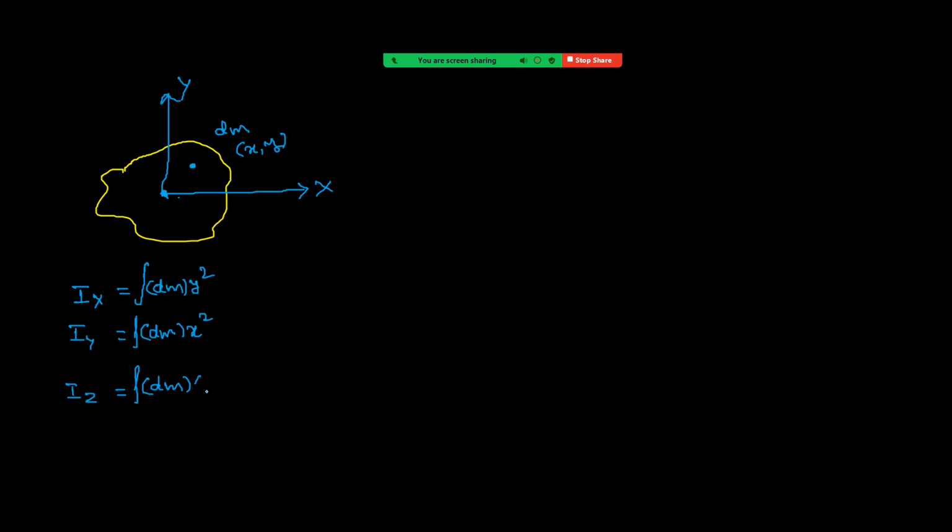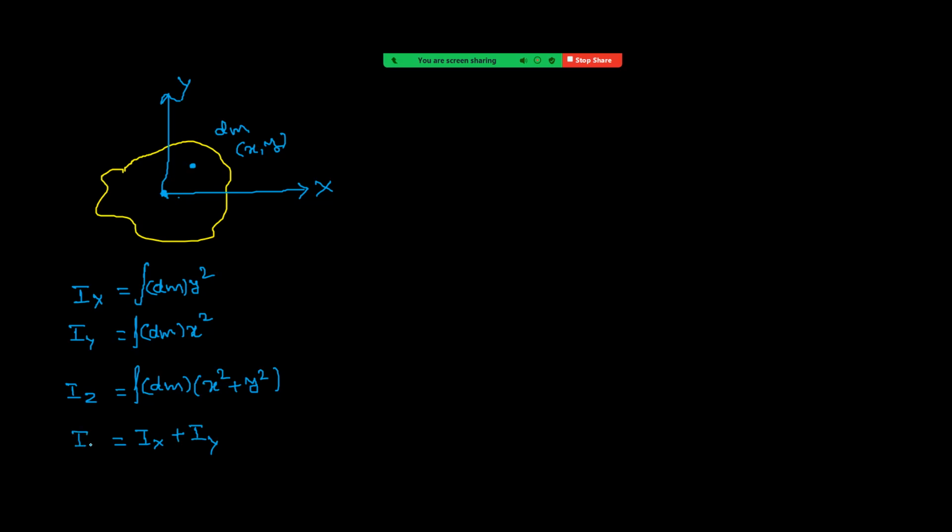We want the square of the distance, which is x square plus y square. That means the integration of dm into x square is Iy, and dm into y square is Ix. So it is equal to Ix plus Iy.